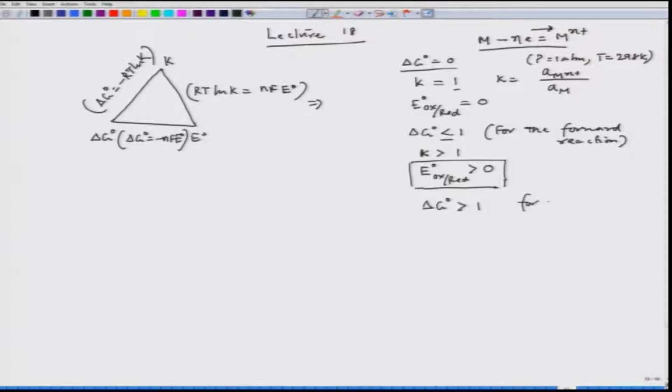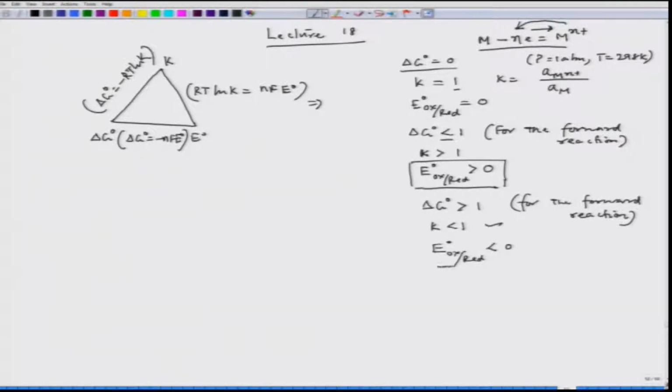Now, if delta G0 is greater than 1, then for the forward reaction, K is less than 1 and E0 is less than 0. So, that means the forward reaction would be less probable, and the backward reaction becomes more probable if we have this situation.